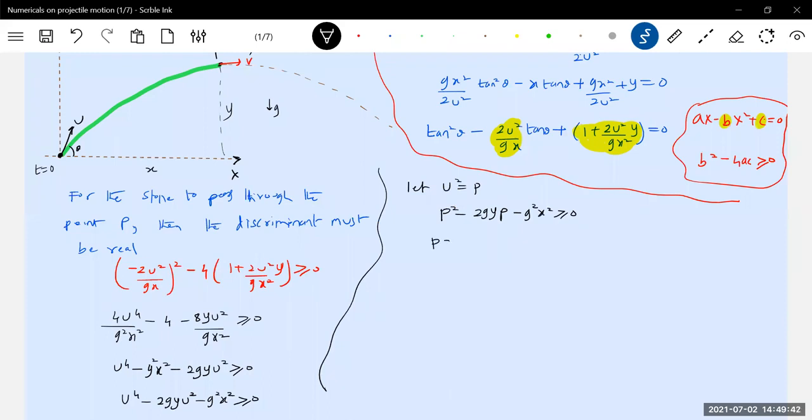Okay, we'll solve for p. This should be 2gy plus or minus the square root of 2gy whole square minus 4 g square x square, divided by 2.